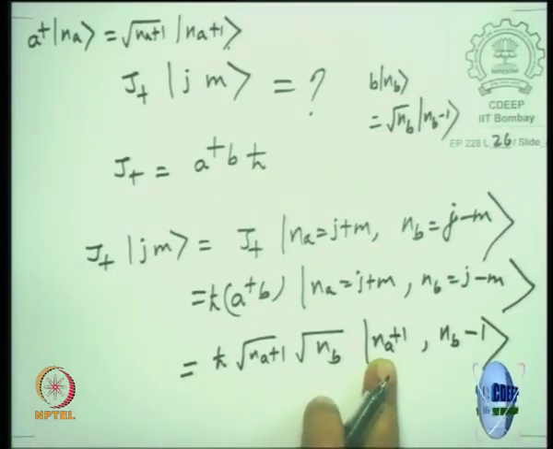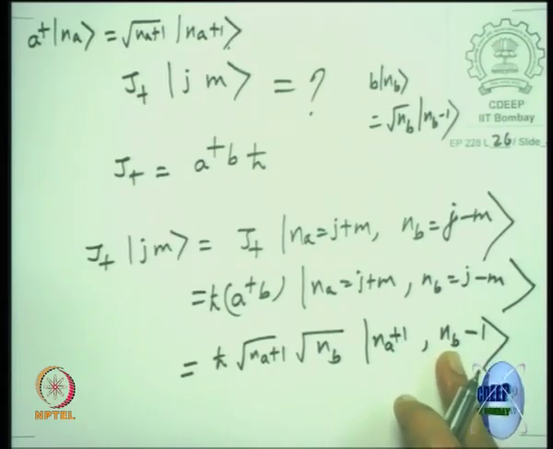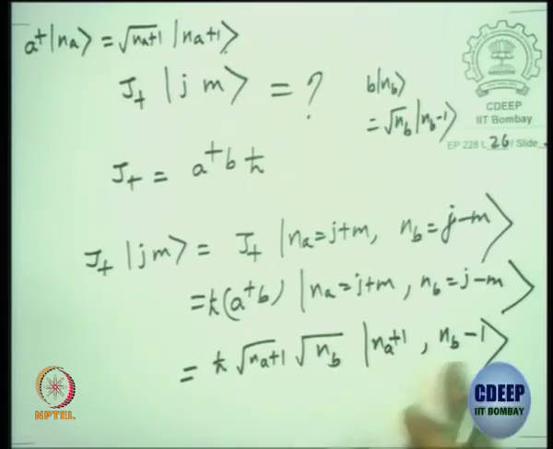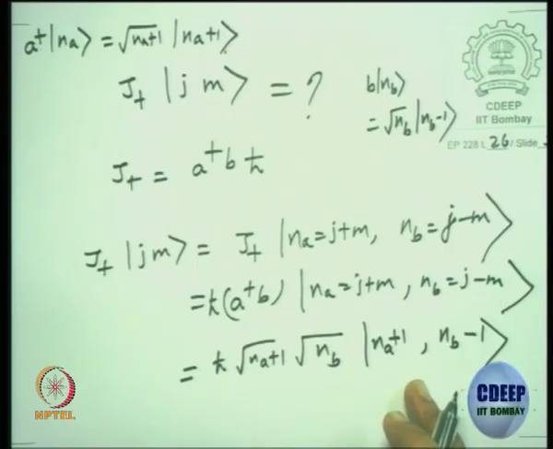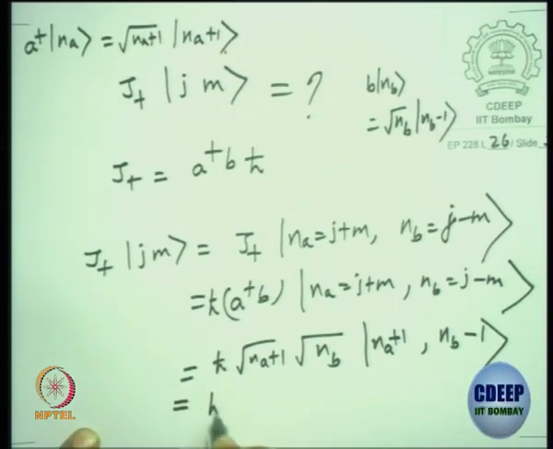Na is j plus m, Nb is j minus m. What happens to the j3 eigenvalue and the j eigenvalue? J eigenvalue is the same, which is what you expect. J3 is increased by 1. Okay. So, we can rewrite this as h cross. Instead of Na, I will put it as j plus m plus 1.